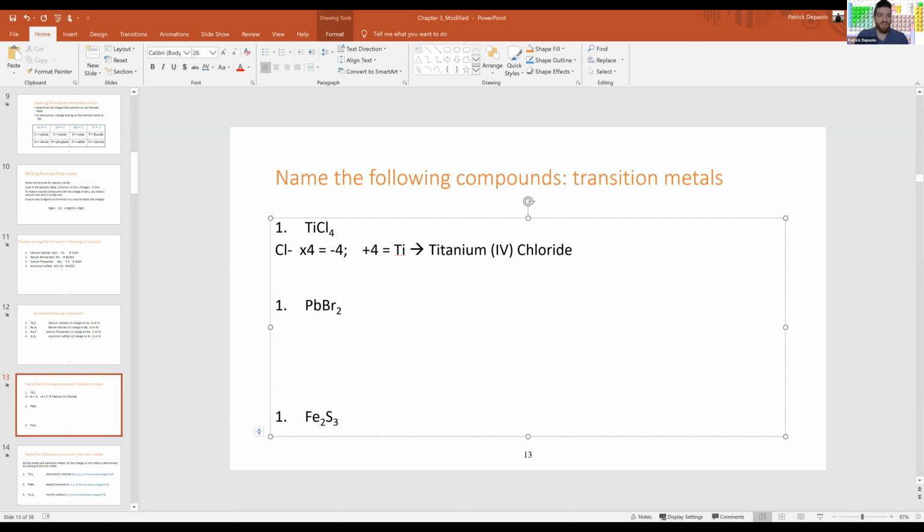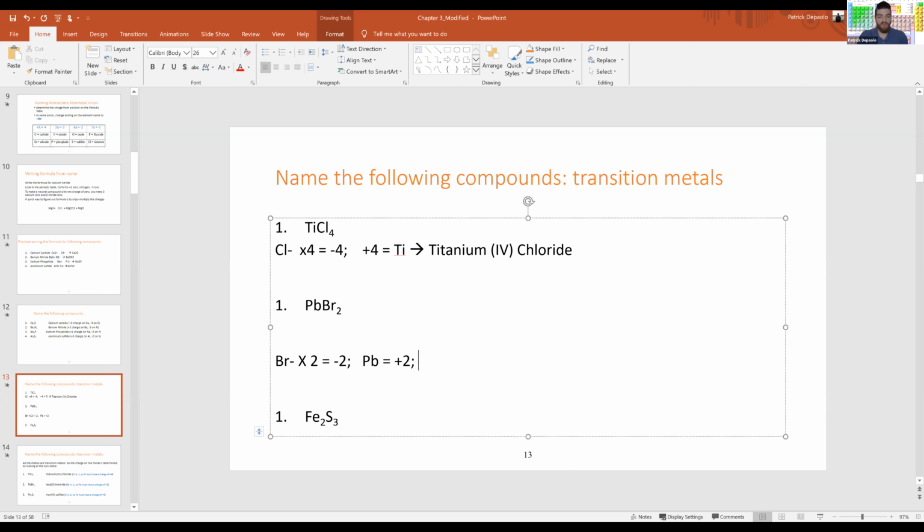Okay, good. Good questions. All right, so looking at PbBr2, we can just stare at it and see what we know. We know bromine. Bromine is -1. There are 2 of them. That means you need -2. There is only one lead. That means the lead, Pb, has to equal +2.